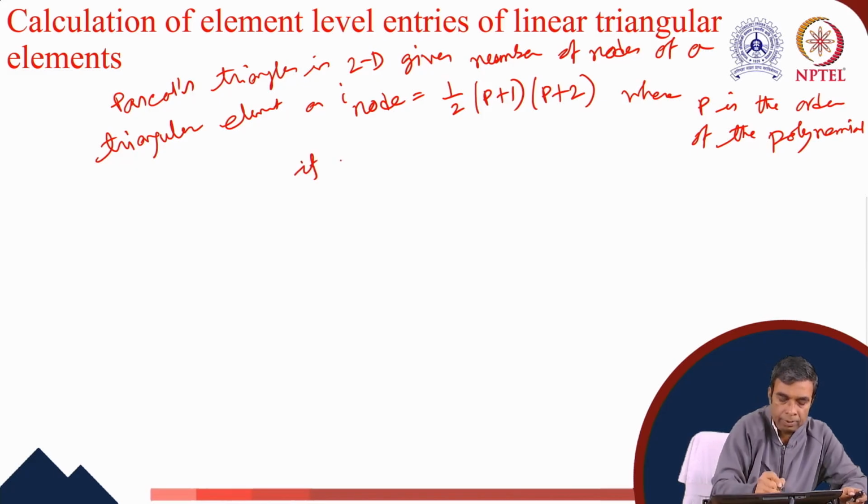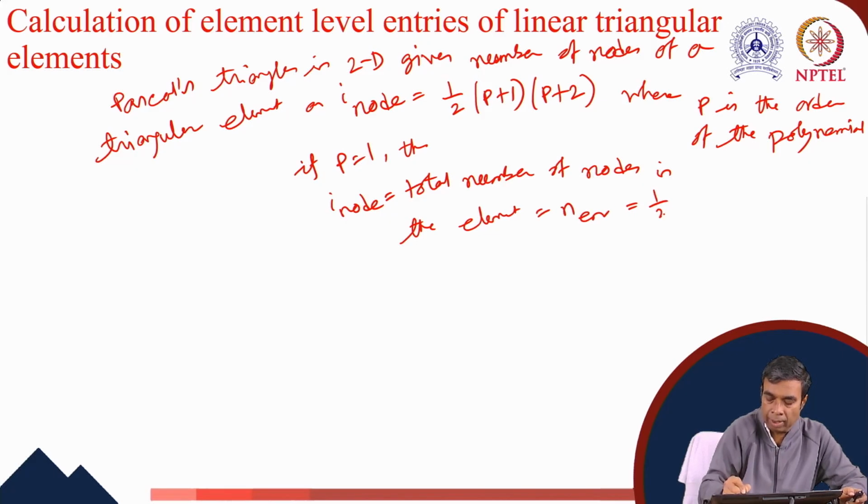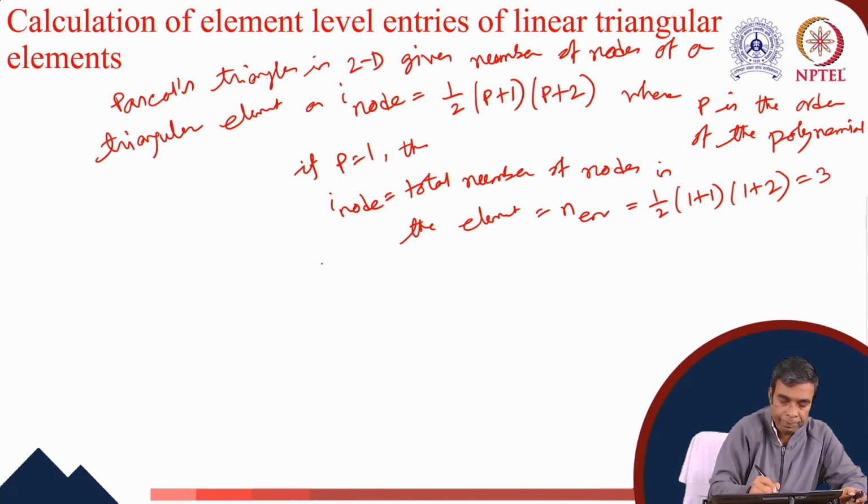If p equals 1, then I node, the total number of nodes in the element, NEN equals half into 1 plus 1 into 1 plus 2 equals 3.